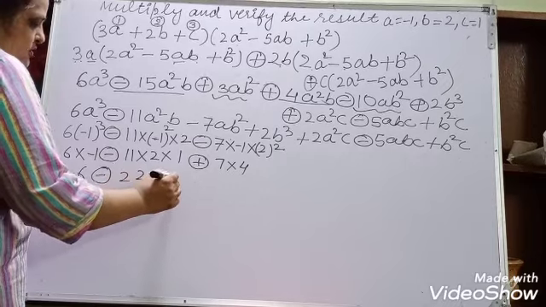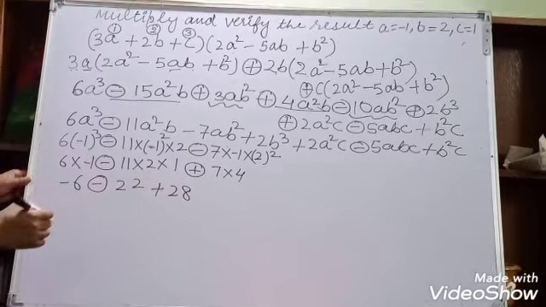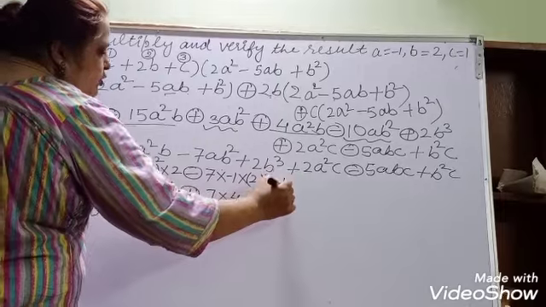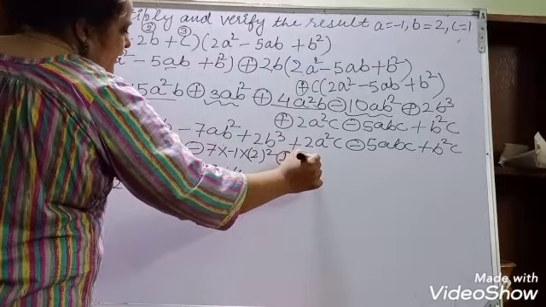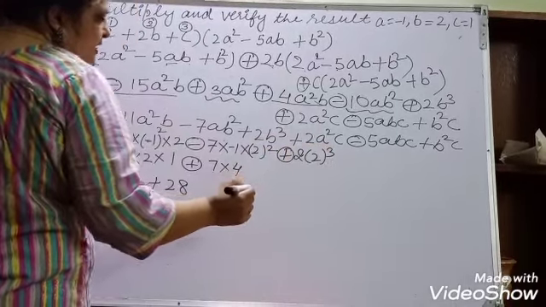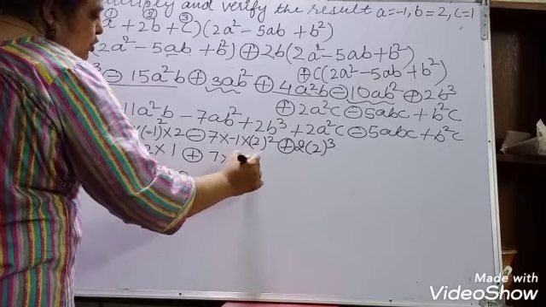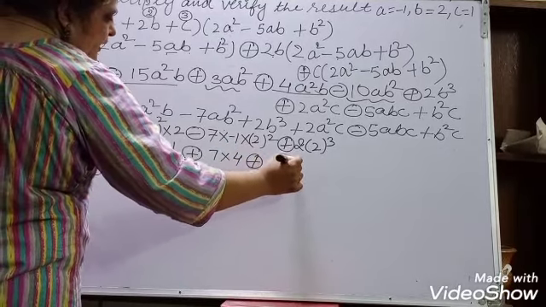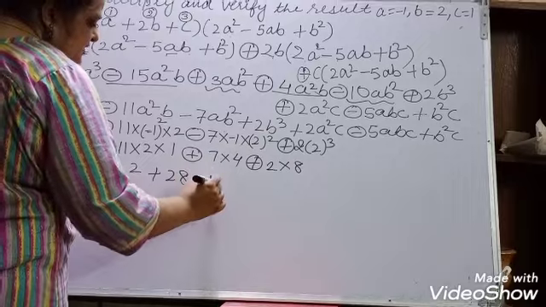That is equal to 7 4s are 28. Then the simple one, 2b cube. 2 into 2 cube, 2 cube is 8, 2 into 8 will become +16.